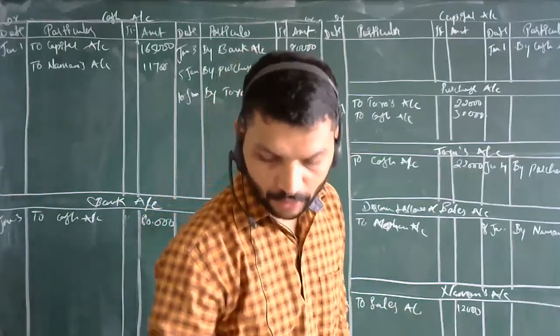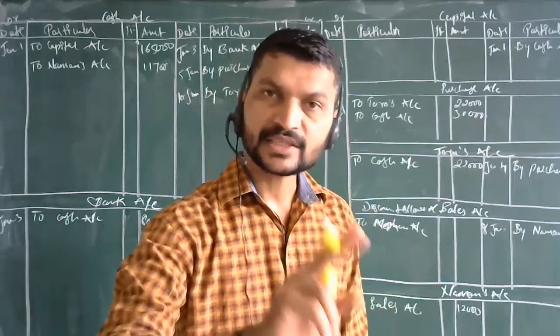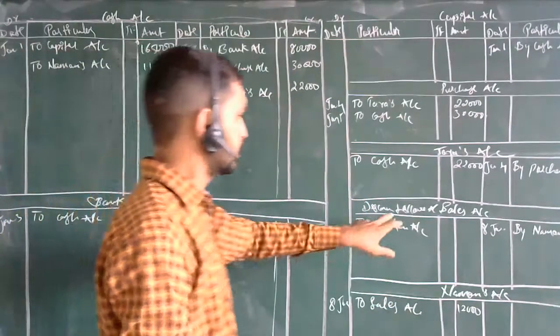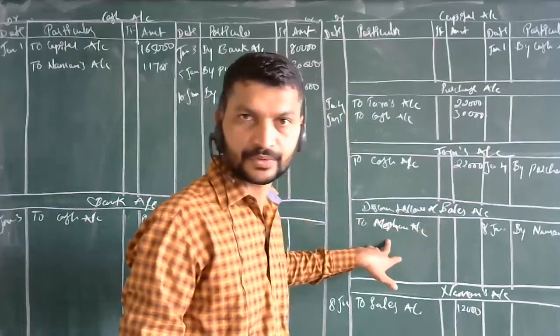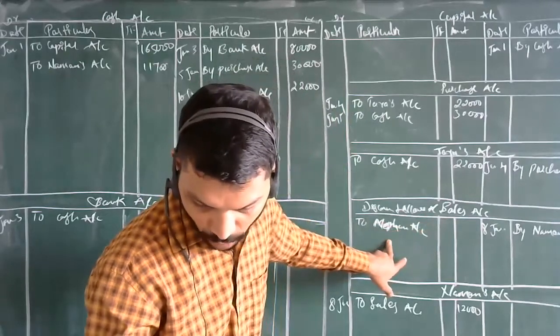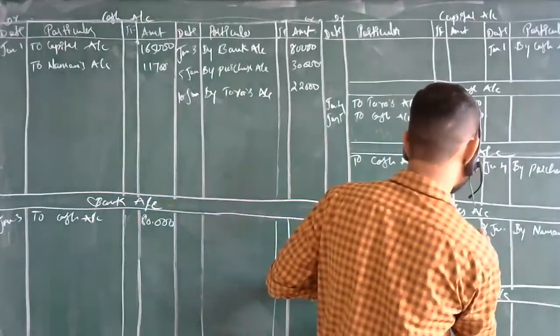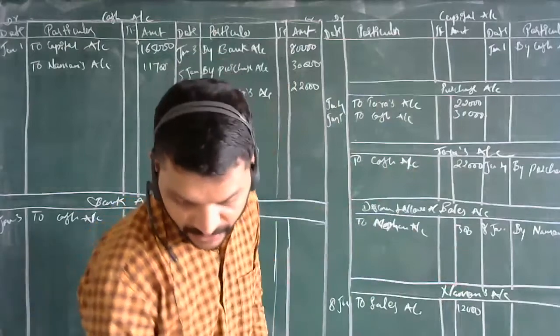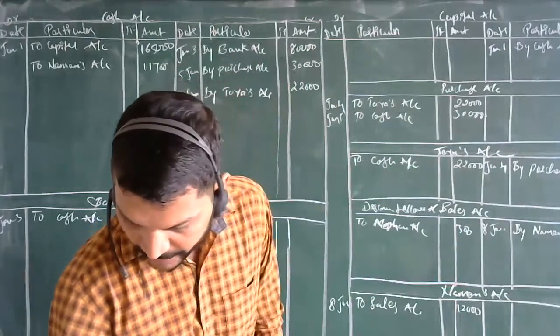How has the journal entry been made? Cash account debtor we have taken, and next discount account debtor. Yes, remember the things. Discount account is debtor. How much amount is it? 300 is debited. Then next it is Naman's account credited.